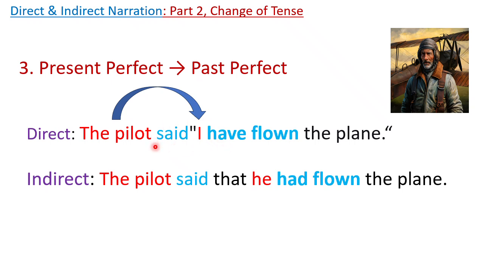If outside there was future tense, "the pilot will say", then inside no change of tense. But if outside there is a past tense, only in case of past tense, changes will occur. And what is the change? That we change the tense. So here present perfect tense is changed into past perfect. "Have flown" is changed to "had flown". The plane is the plane here, and this is the next rule.